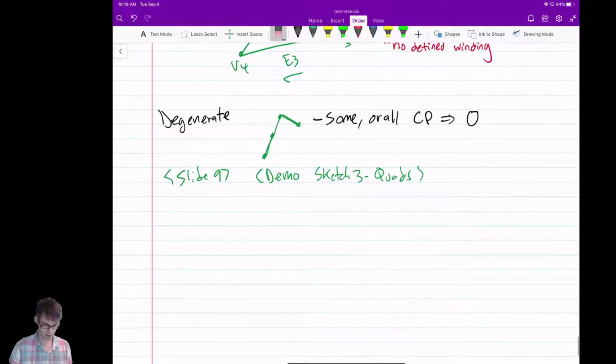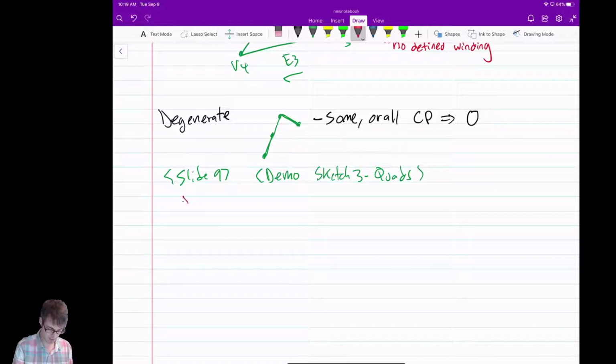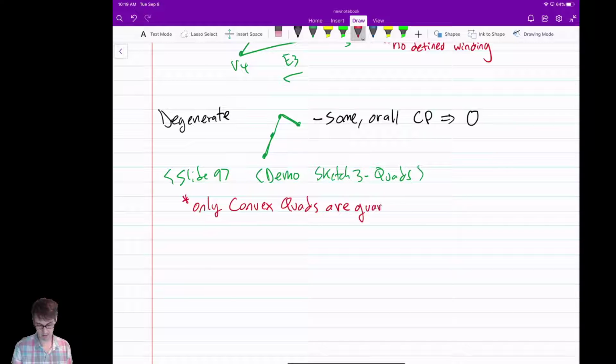So, from that demo, what did we learn? In bright red: only convex quads are guaranteed to draw correctly.